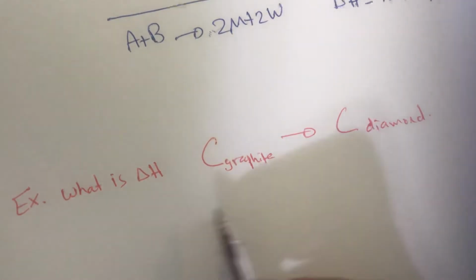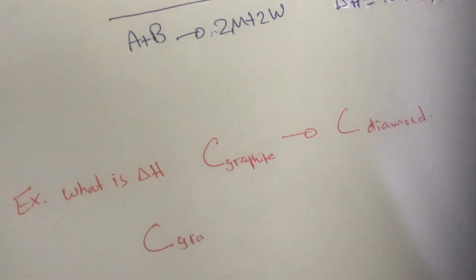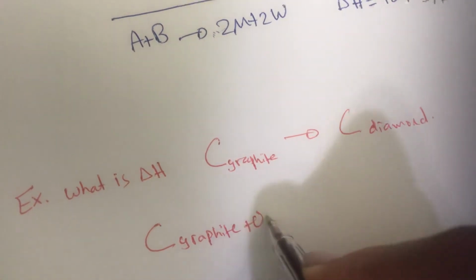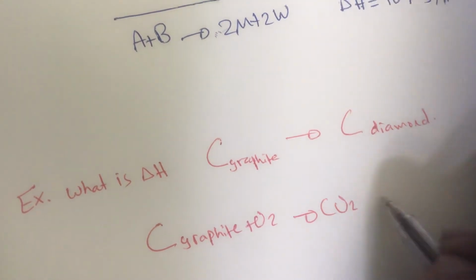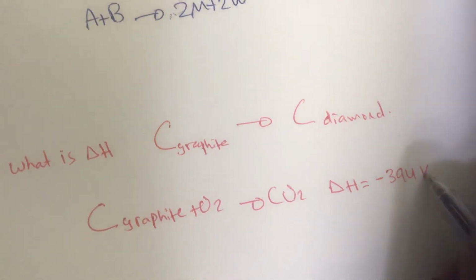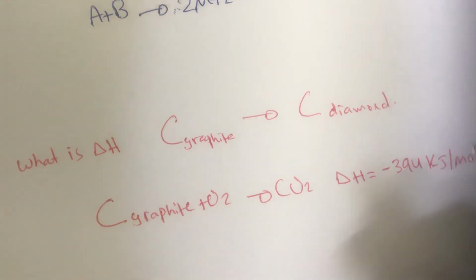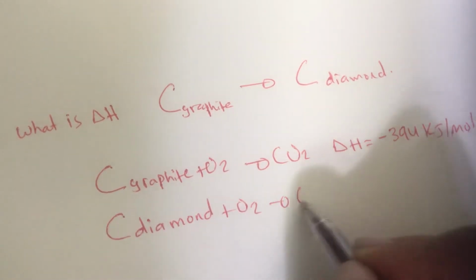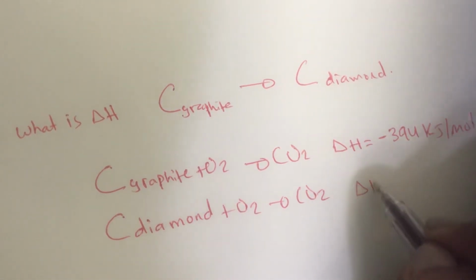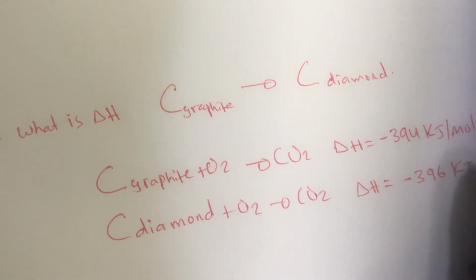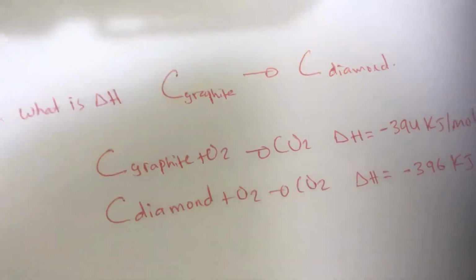If here the delta H equal minus 394 kilojoule per mole, and in this reaction delta H is minus 396 kilojoule per mole.